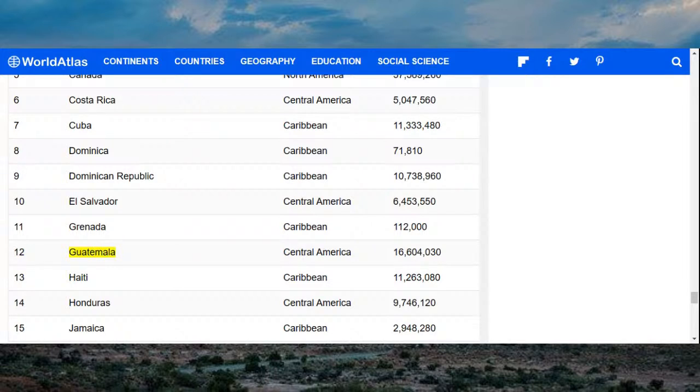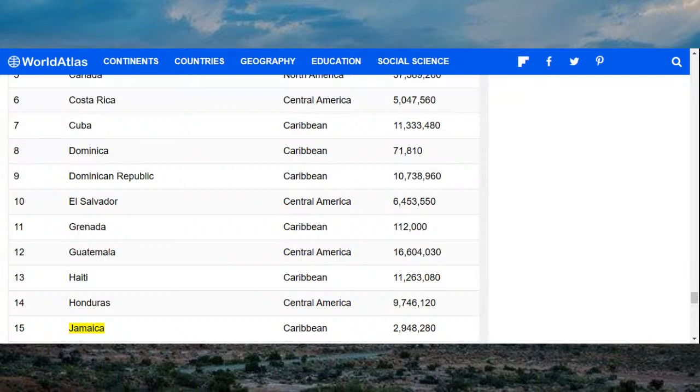Guatemala, Central America, 16,604,030. 13. Haiti, Caribbean, 11,263,080. 14. Honduras, Central America, 9,746,120. 15.